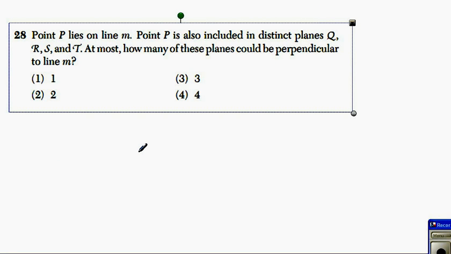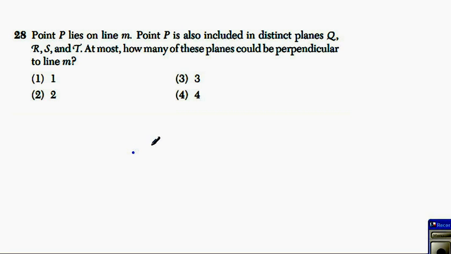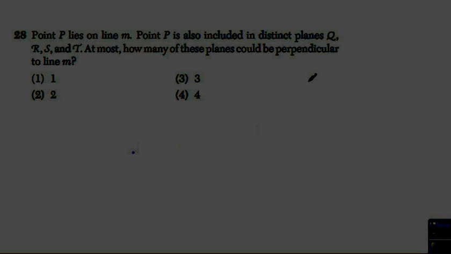Point P lies on line M. Point P is also included in a distinct plane Q. So that means, at most, how many of these planes could be perpendicular to line M?